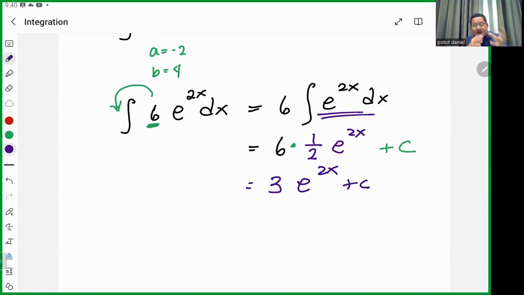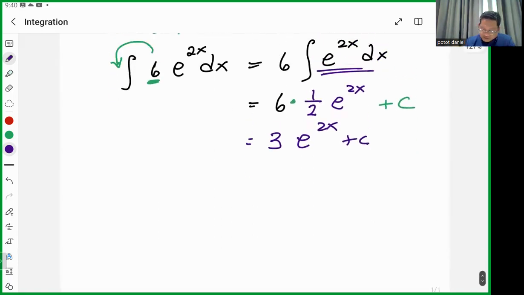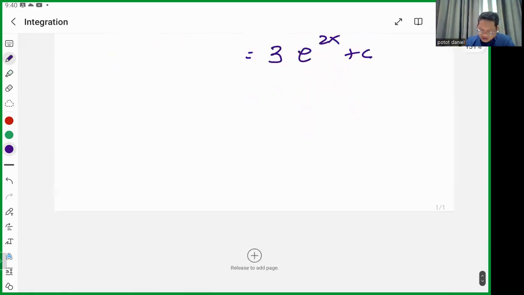If you have a number in front, you just need to multiply it by whatever integral you got.